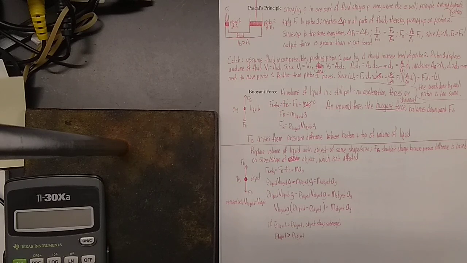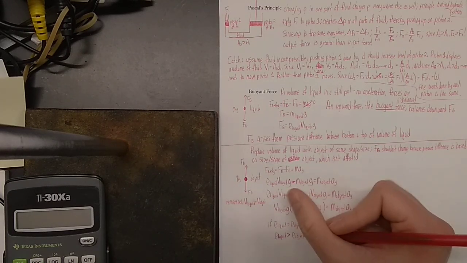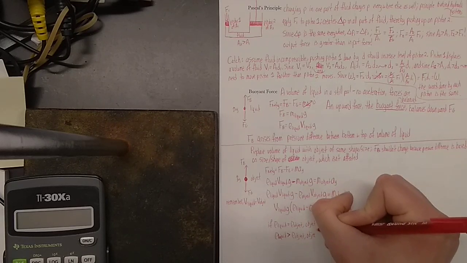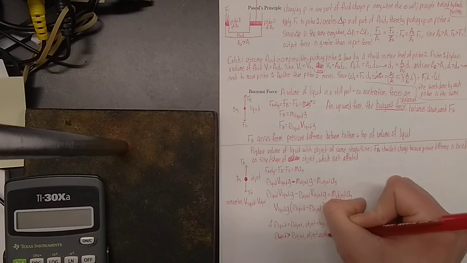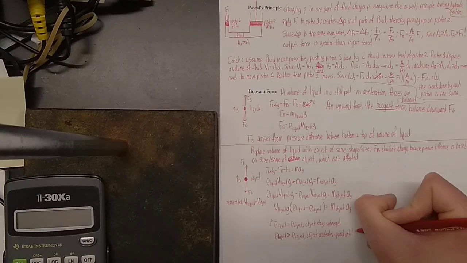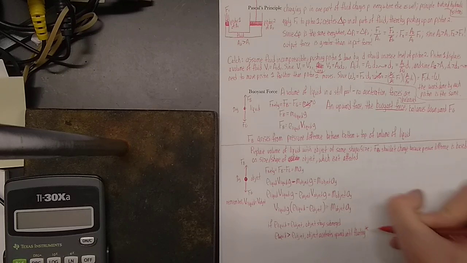That means the acceleration is positive. We said upwards was the positive direction. So if the density of the liquid is greater than the density of the object, then the object accelerates upward until it's floating. We're going to put an asterisk by that. We're going to come back to that in the next video.